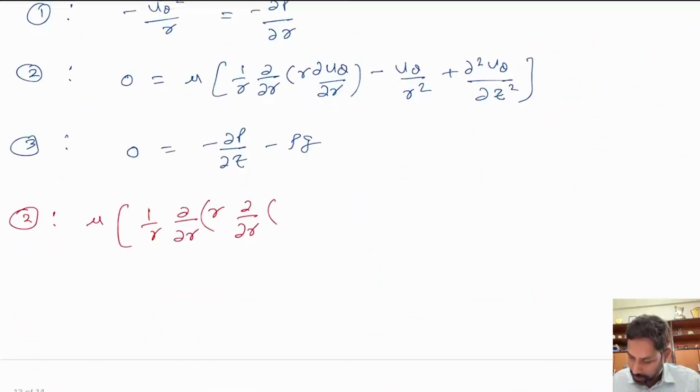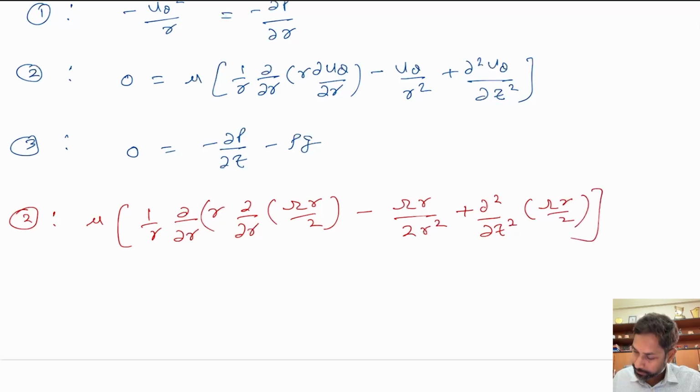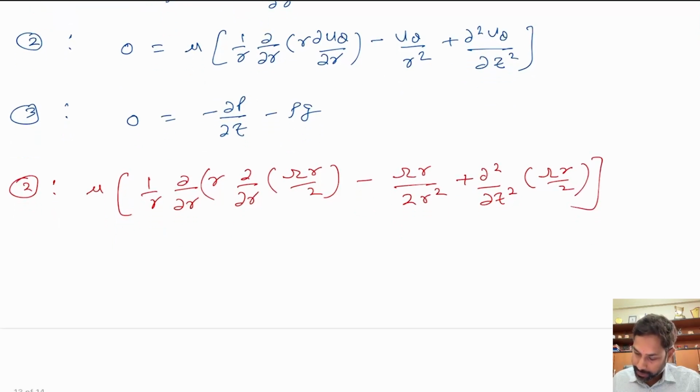So this is omega r by 2 minus omega r by 2 over r square, plus d square by dz square of omega r by 2, right? And you can see that in this equation there is no z term, and this is a derivative in z, and that's why this will simply become equal to 0.